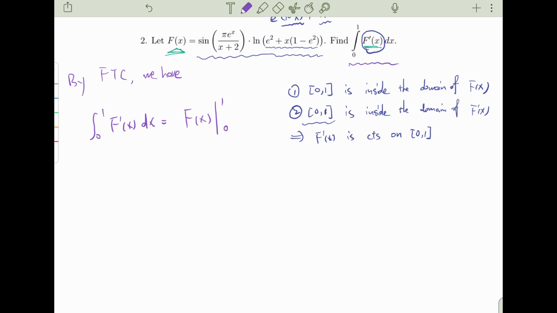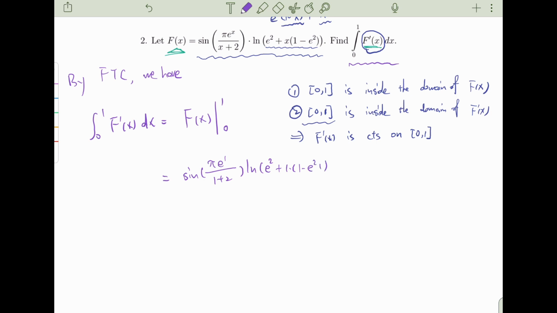Okay, so now moving on, we can plug in. Plug in 1 and plug in 0, right? Plug in 1, so we have sine of pi, e to the 1 divided by 1 plus 2 ln e squared plus 1 times 1 minus e squared, right?